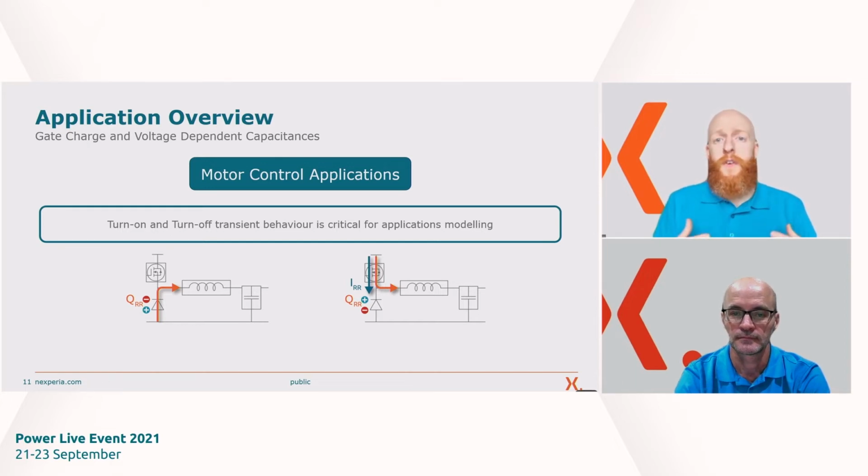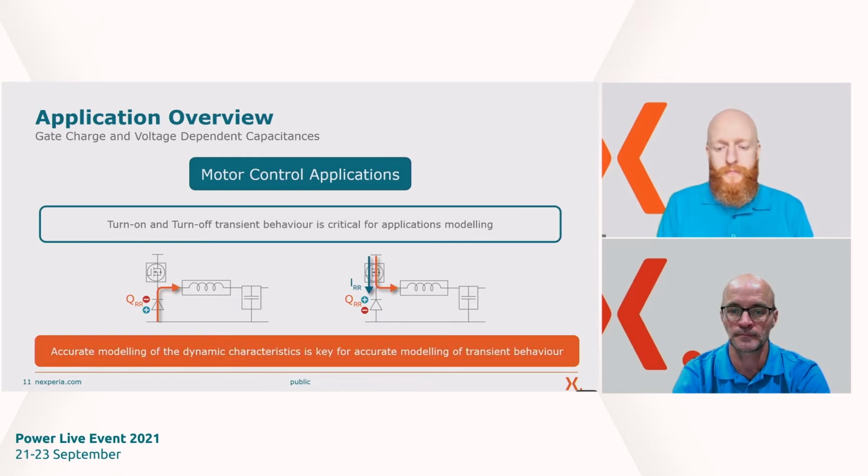And now, because MOSFETs are semiconductor devices, very often the internal capacitances are dependent on voltage. That is, the capacitance will change as the voltage across the terminals of the MOSFET changes. And that means you have to model this whole behavior across the voltage to get an accurate representation of your MOSFET in the simulation world.